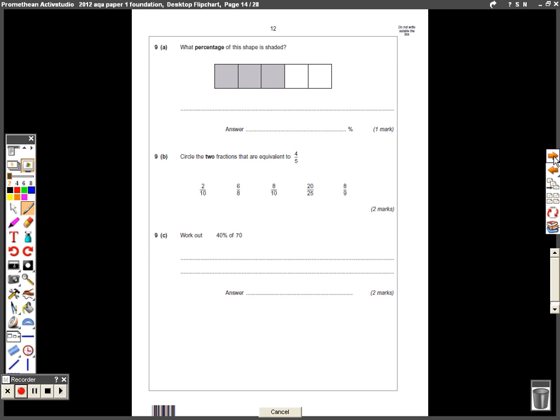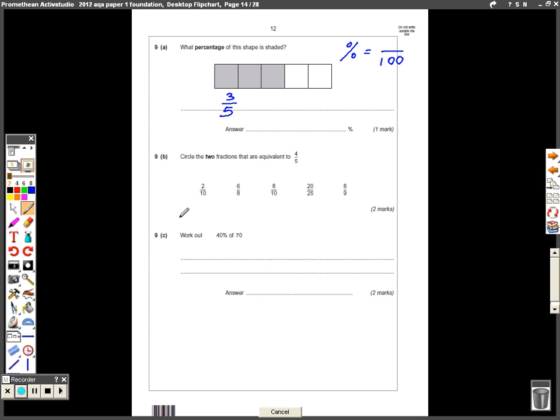On to question 9. What percentage of this shape is shaded? Well, a percentage is a type of fraction except out of 100. You can see that percent sign has in it a divide and it has the 2 zeros from 100. So first of all I'm going to turn it into a fraction. There are 3 which are shaded out of 5.